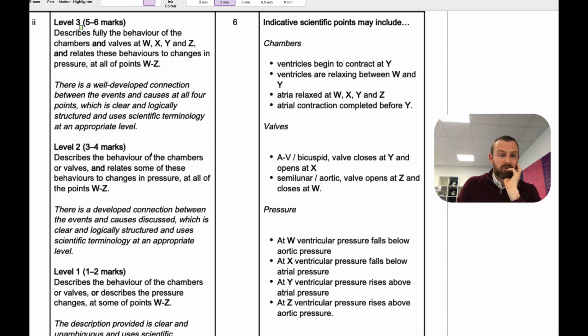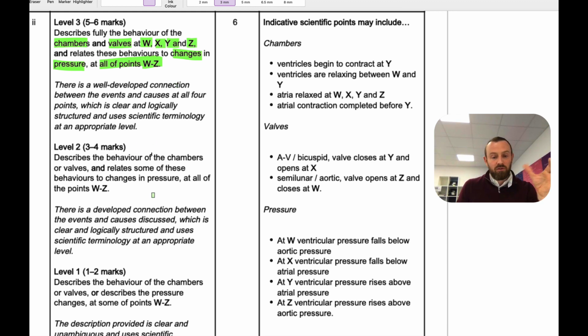I'm just going to go straight for this description. 5 to 6 marks describes fully the behavior of the chambers and valves at W, X, Y, Z, and relates this behavior to changes in pressure at all of the points W to Z. If you missed out any of those things, chambers, valves, W, X, Y, Z, you couldn't get 5 or 6 marks.